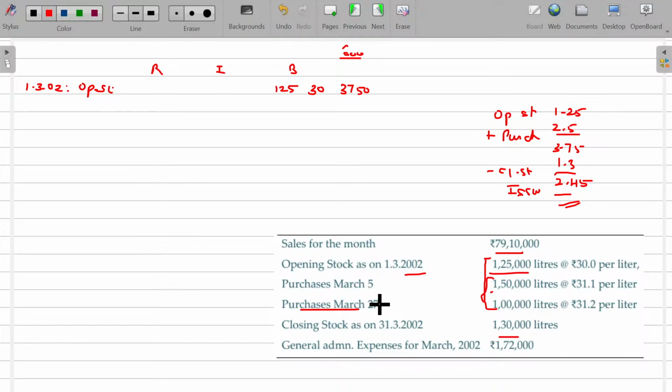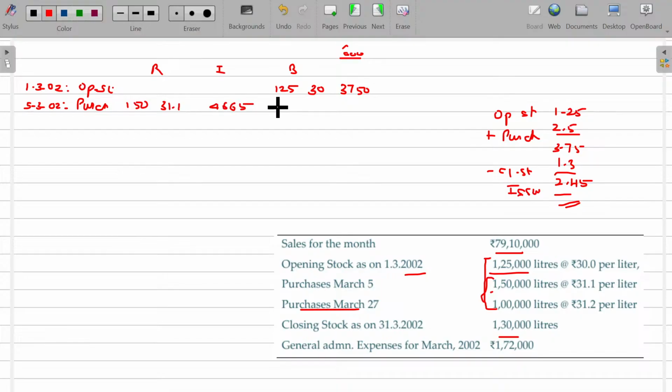Again, you have to add all the purchases in that period up to the year end. First add the purchases. Never bother about the issues now. You adjust the issues only on the last day. So here, purchases on 5th March: 150,000 liters at rupees 31.1, value 4,665.